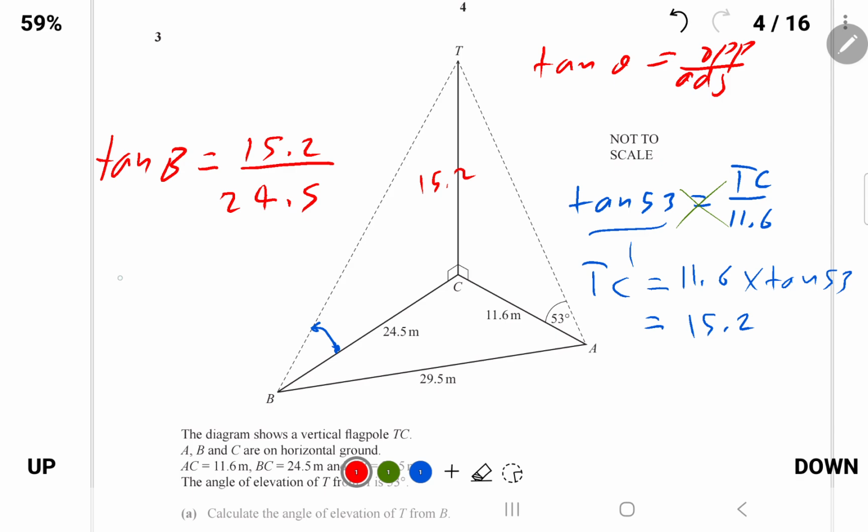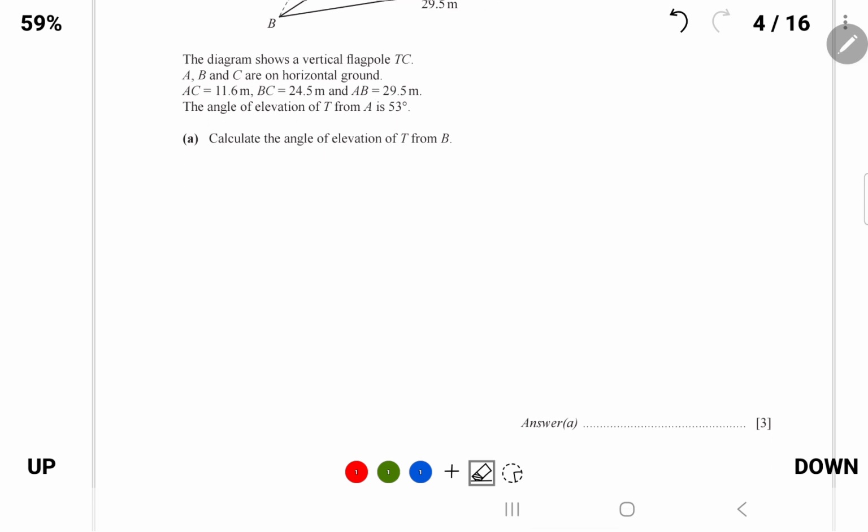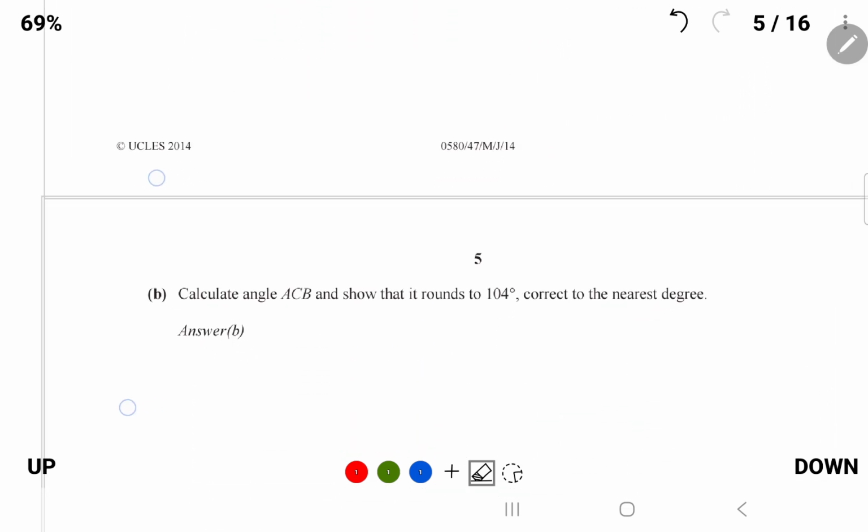Now if you do shift tan, you get B is equal to tan inverse of 15.2 divided by 24.5, and then you get the final answer 32.1. That is angle B. Now let us see the next question, question B.